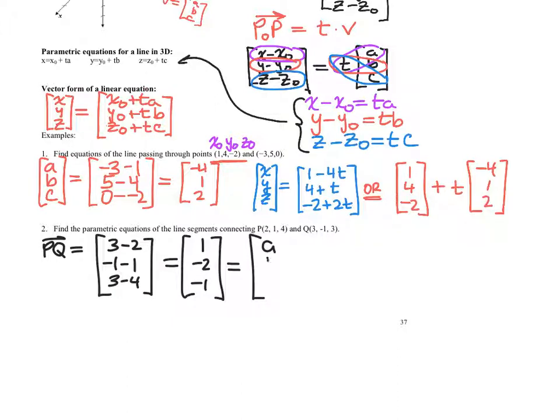Negative 1 minus 1, and 3 minus 4. All right, so we're looking at 1, negative 2, negative 1. Now that's vector PQ, but that's the displacement vector, which means that we now have our ABC values.